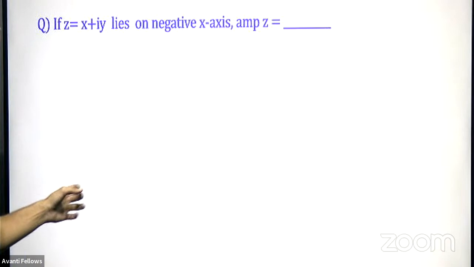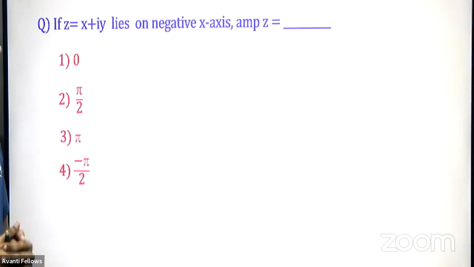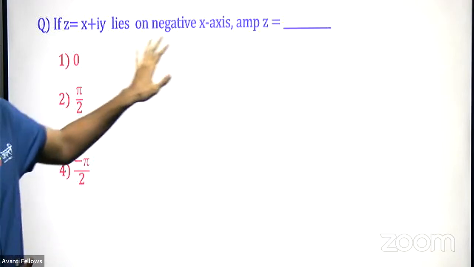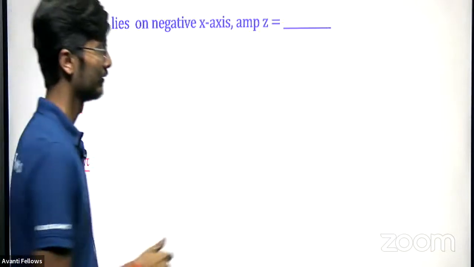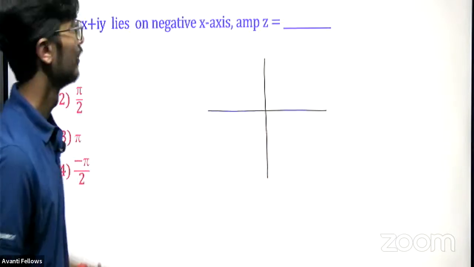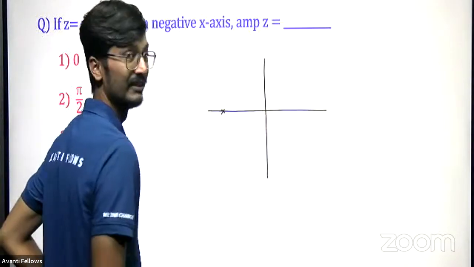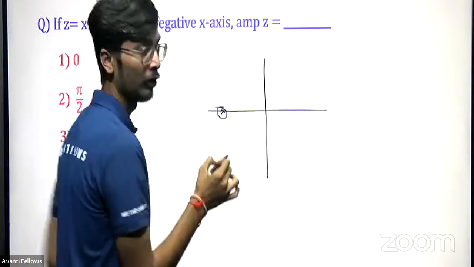If z equals x plus iy, then the amplitude of z, when it lies on the negative x-axis. Let's see what this means. This is the negative x-axis. This is a point z. This lies here. And if this point lies here, what was the amplitude?